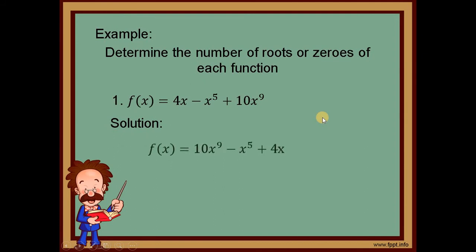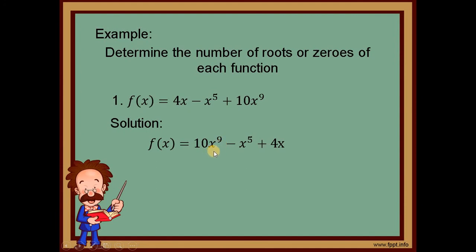So, solution. So, una, since hindi magkakasunod yung kanilang exponent, i-arrange muna natin siya in order. Kumbaga, gamitan natin ang standard form niya. Okay? So, mauna yung highest exponent, pababa ng pababa. So, raised to 9, raised to 5, and raised to 1. So, therefore, 9 yung may pinakamataas na exponent ng x.